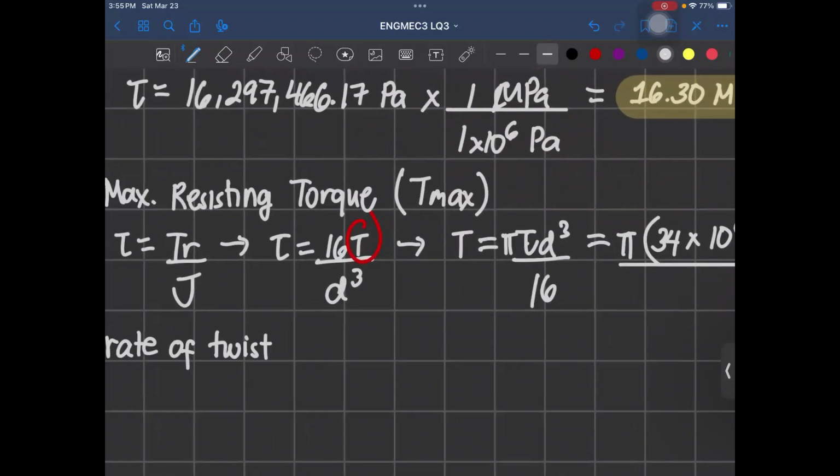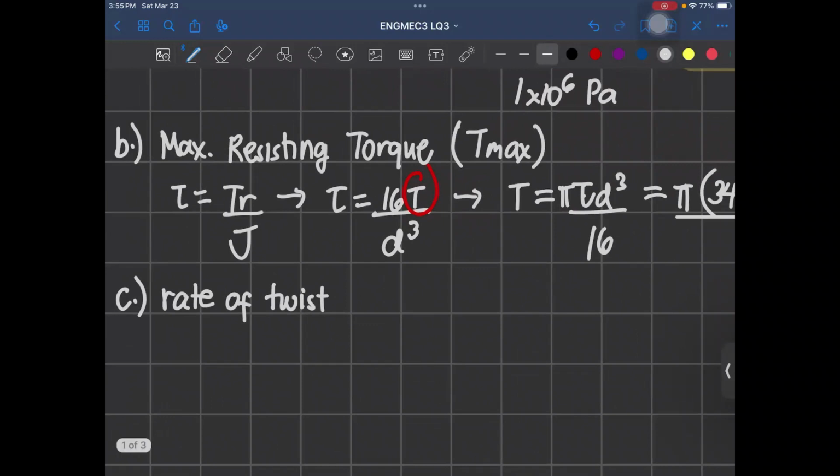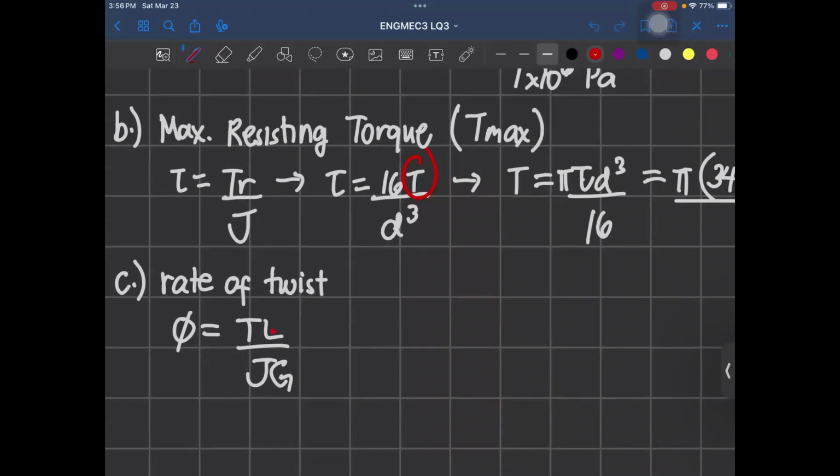Why does this have to come in handy? Because originally, the formula is the angle of twist is equal to TL over JG. However, since we don't know our L, and since originally the value here is only in degrees, what we can do is just convert it to T over JG.